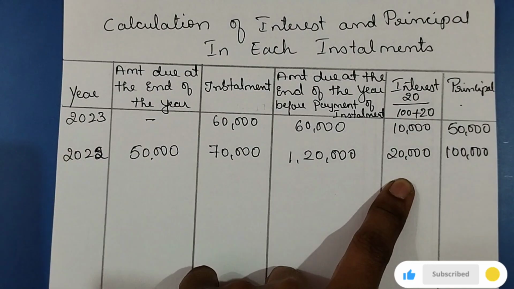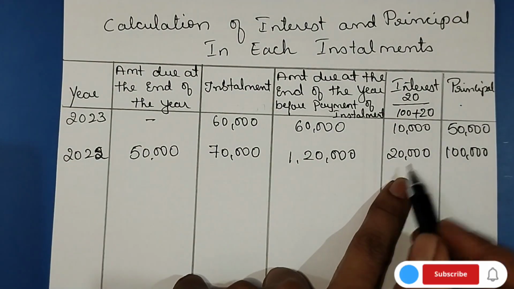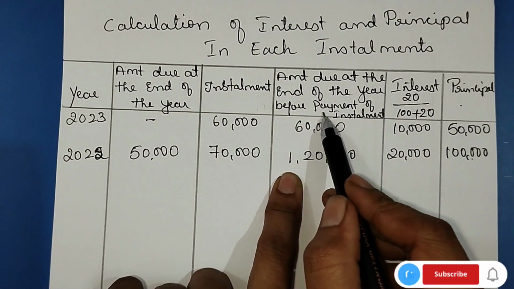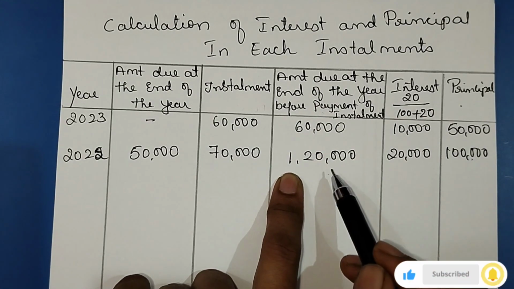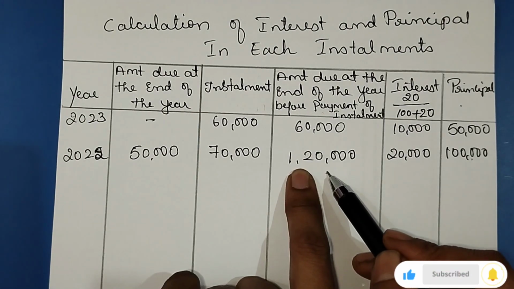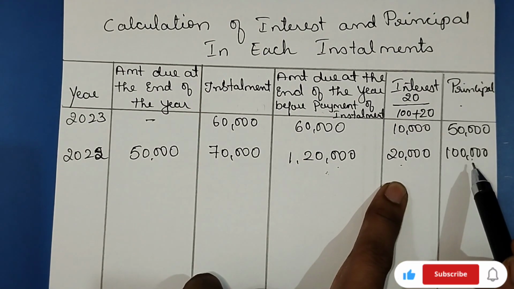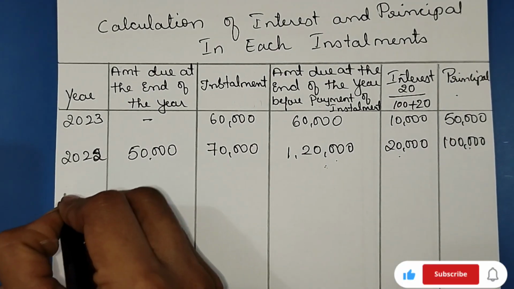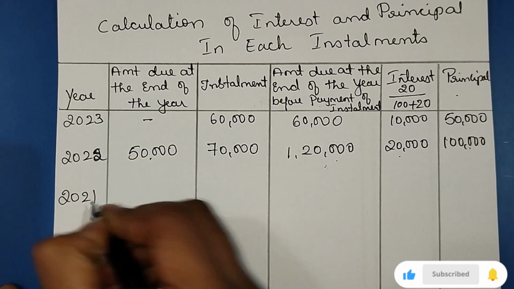Here, please remember, you are deducting to get the principal amount. Before payment, whatever due amount is there, from that amount you need to minus this interest. 1,20,000 minus 20,000 is 1 lakh. Next, the beginning of the year. This is our first payment.